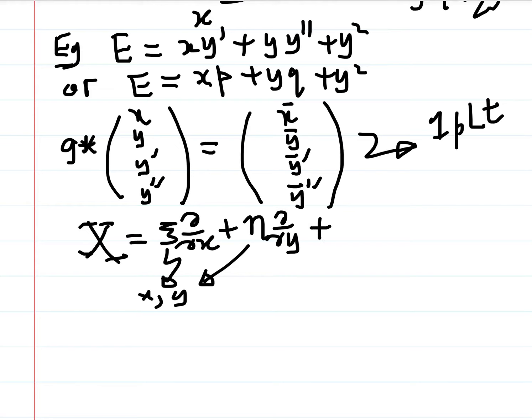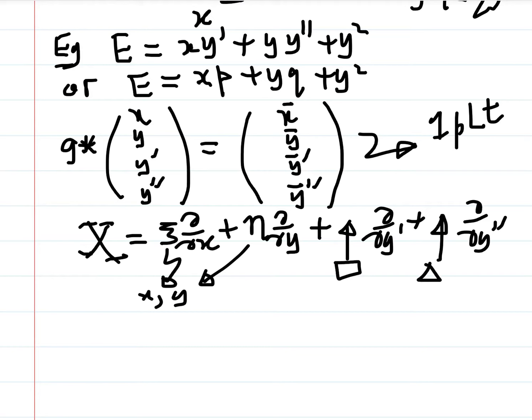But now we're extending this vector field to take account of the additional variables y dashed and y double dashed. So we have some coefficient of dy dashed and another of dy double dashed. And what we need to do now is, since these y dashed, y double dashed, etc. depend on x, we need to now determine the forms of the coefficient of dy dashed and dy double dashed in some way.